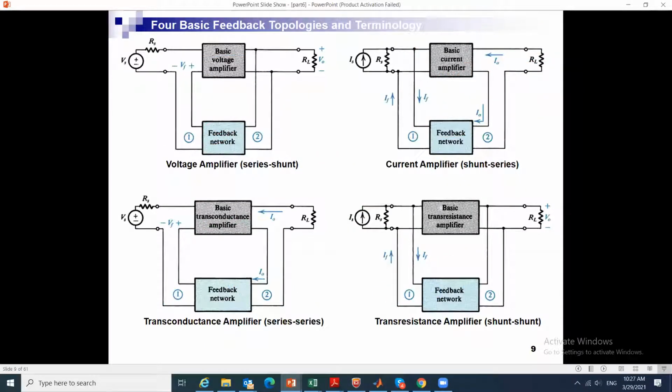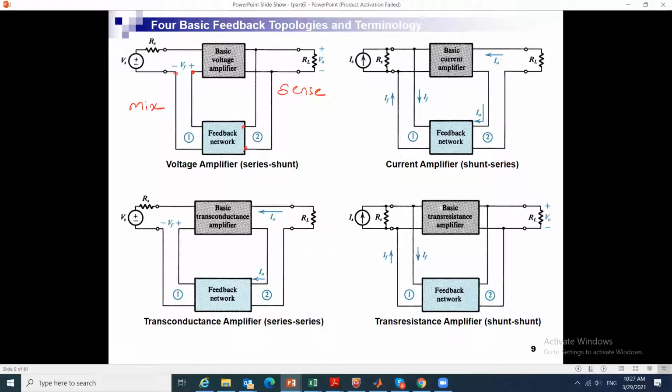Okay, so let us see what we have here. We have the basic voltage amplifier, and we are going to show it in detail. What does the feedback do? It senses at the output and it mixes at the input. It senses this, and we will see later in an example, to multiply it by the gain beta, and then it mixes it with the loop of Vs and Vn, and we will prove it next.